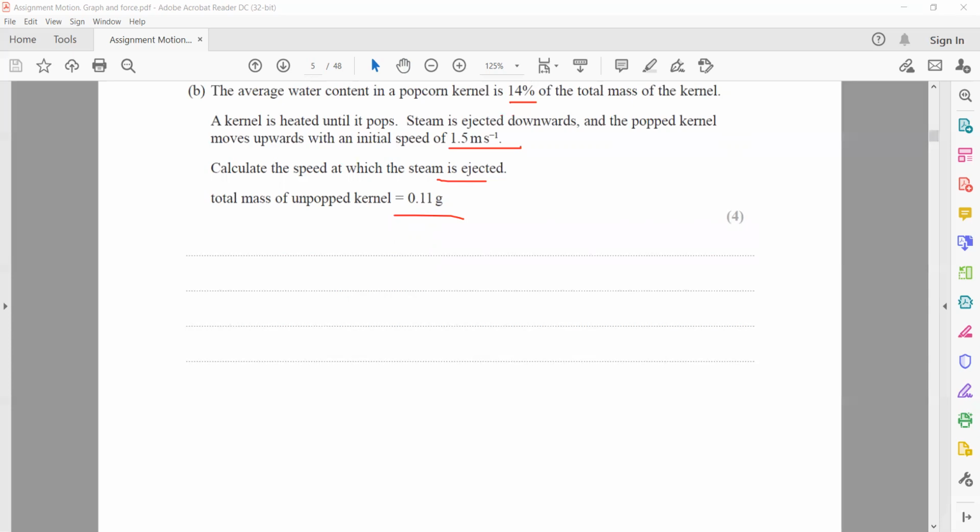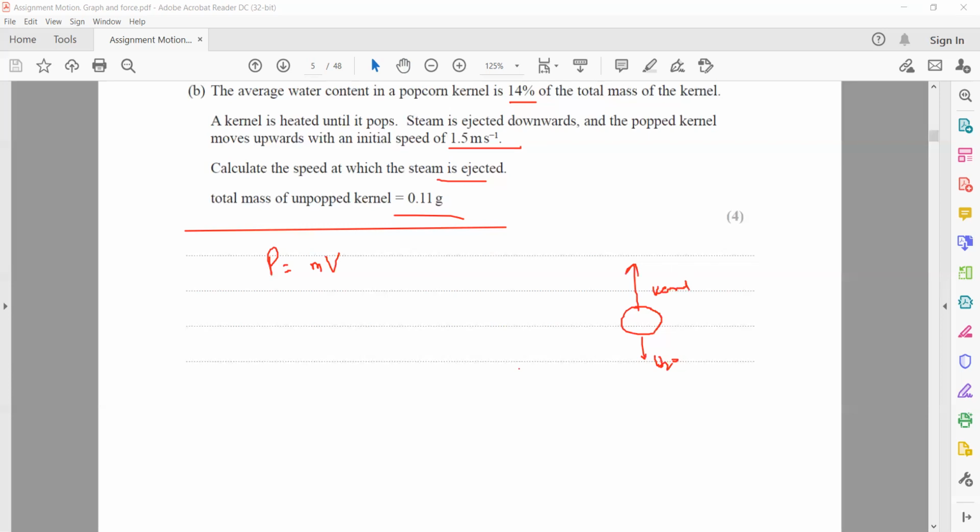The momentum is a product of mass and velocity. The total momentum before popping is zero. When it pops, the water will move downward and the kernel will move upward, so the final momentum should also be zero.